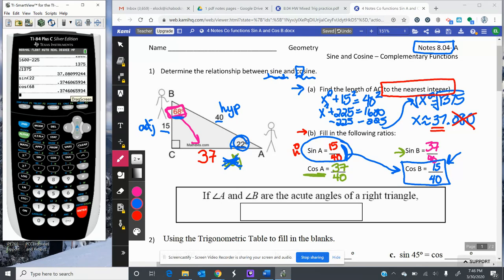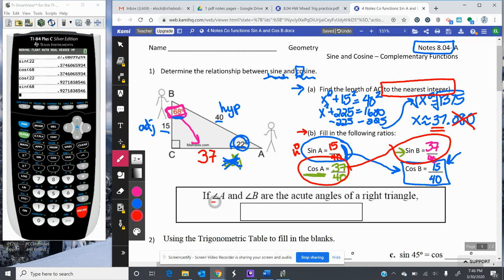And that's going to be the common theme here. Now, if we flip-flop and did cosine of 22, that's going to equal a new ratio, which is the same as sine of 68. So the other case is that cosine from A equals sine from B.